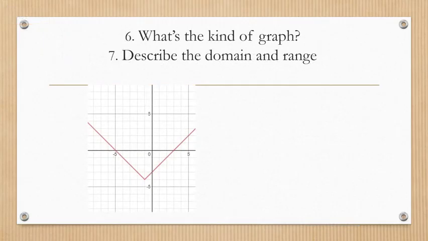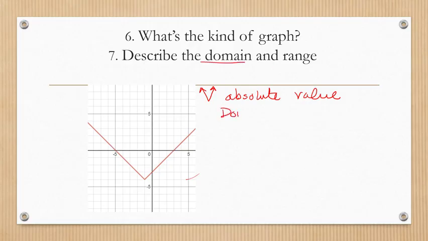All right. What kind of a graph is this? Describe the domain and range. If you check your function booklet, this is the shape. It's a V shape, which means it's an absolute value graph. Now describe the domain.